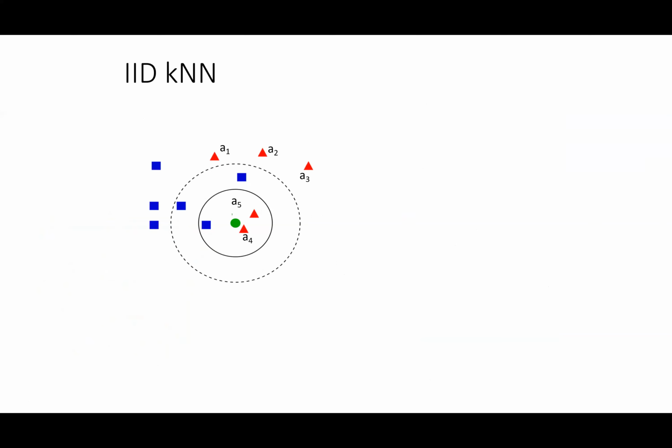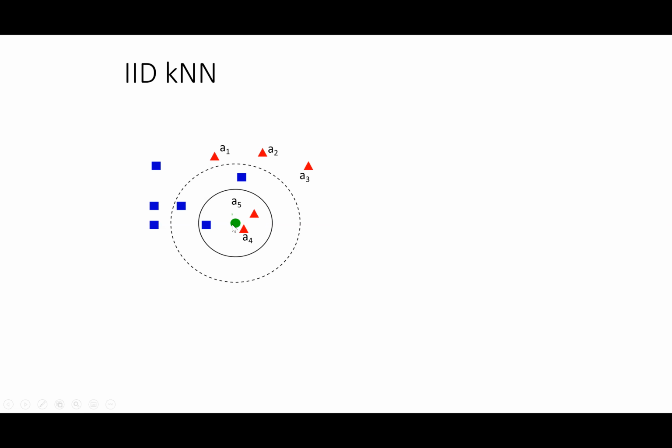And further, if you look at KNN, it's another classifier. In KNN, for the target, we choose the K nearest neighbors, and then use the label of the majority of samples to determine this target, right?